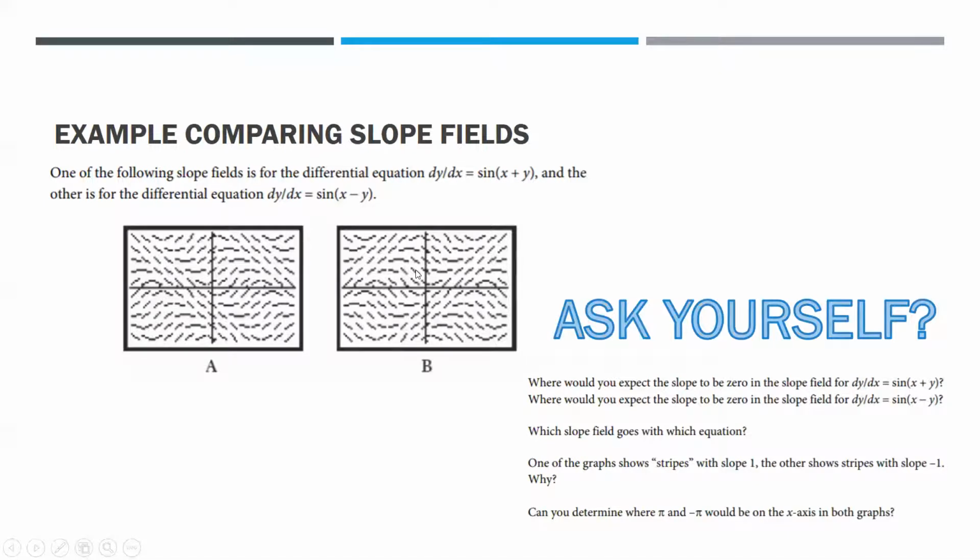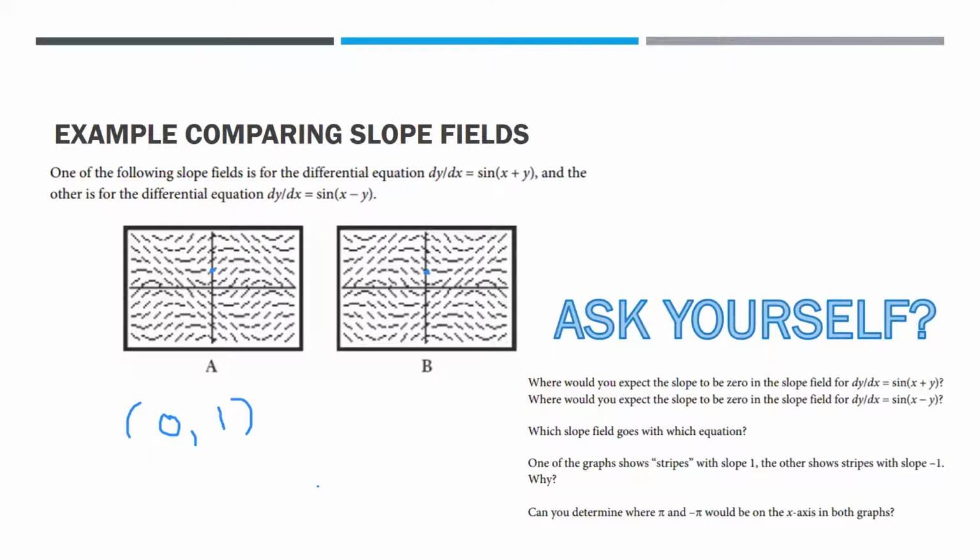So for me personally, I would probably pick a point on the coordinate plane here. So maybe I would pick 1 for my y value and 0 for my x. So I'd pick the point 0, 1.